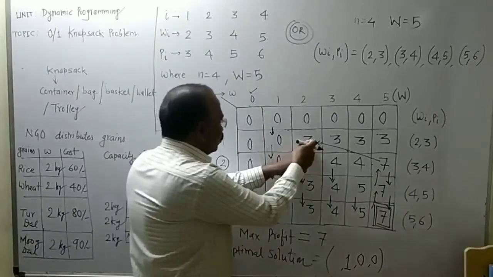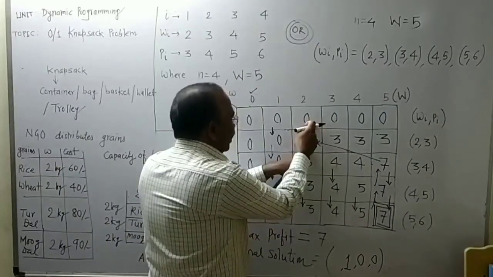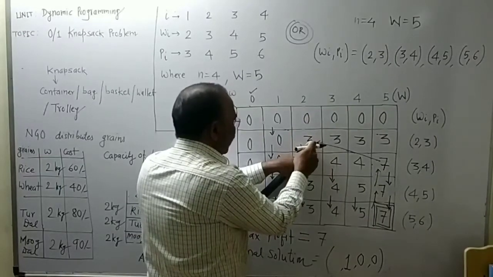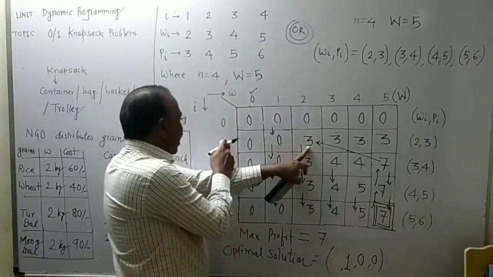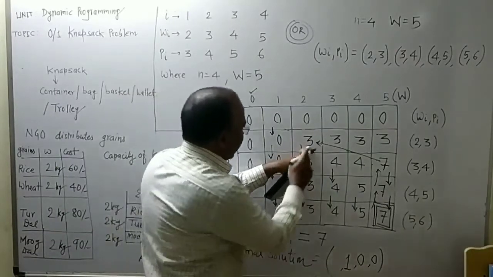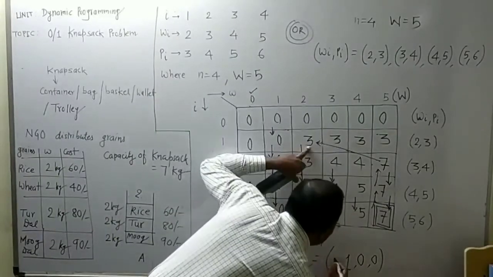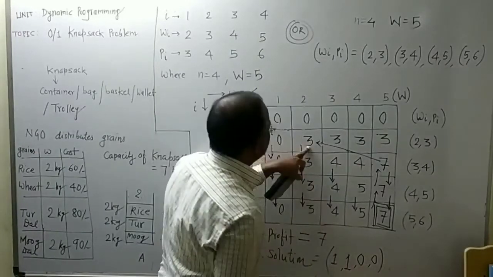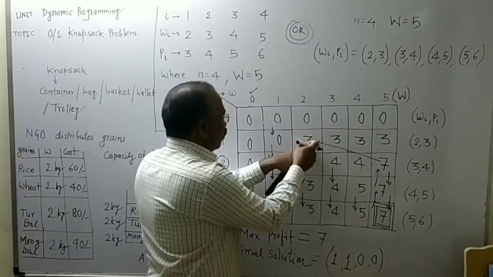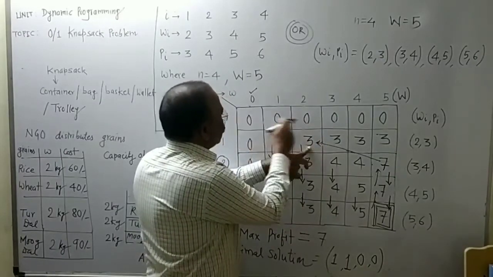For that we have to see the upper value. Here the upper value 0 is not equal to 3. It means that we can include the object 1. So write here 1.